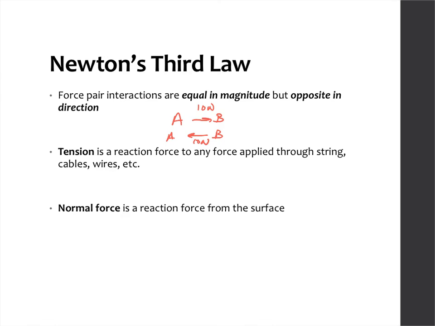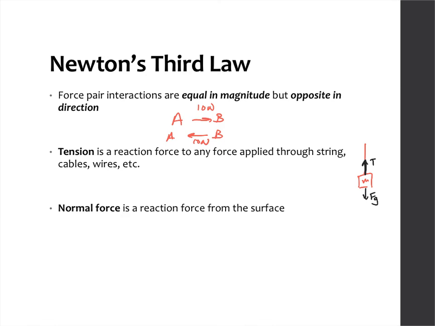And there are two types of reaction forces that we learned about in class: tension force and normal force. Tension is related to cables and wires and string. So if you have an object hanging by a string or a cable, like we typically use in lab, you're going to have the weight of the object pulling down, but in response to that, the tension force will pull back up, causing the object to be stabilized.